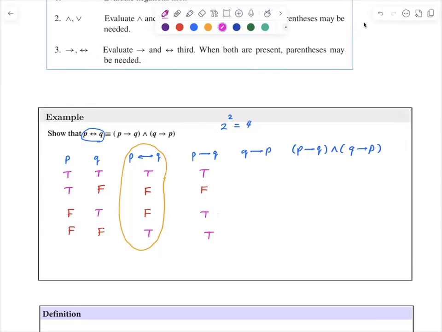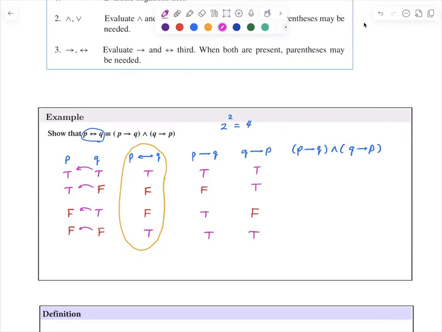Now Q then P. Be careful about the order. Here you have true, then true, which is true. False, then true, which is true. True, then false, it gives you false. And false, then false, which is true again.